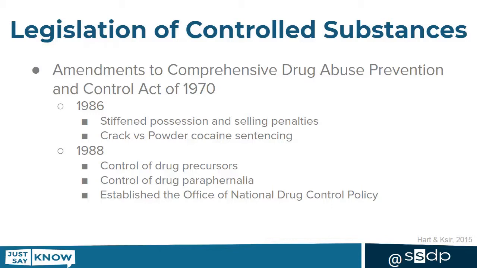The mandatory minimums and the punishment for possession of crack versus powder cocaine saw a 1 to 100 disparity, with crack cocaine being punished 100 times worse than powder cocaine.